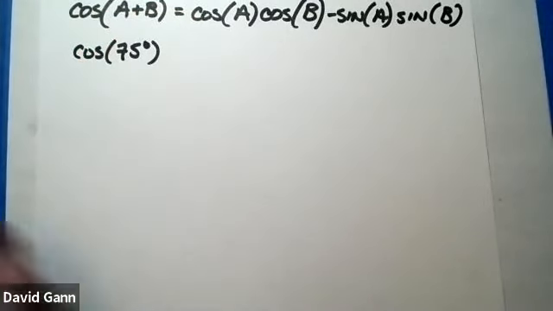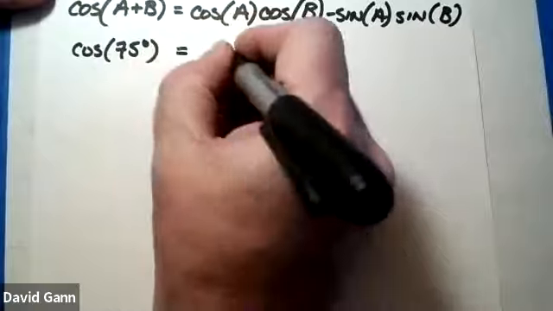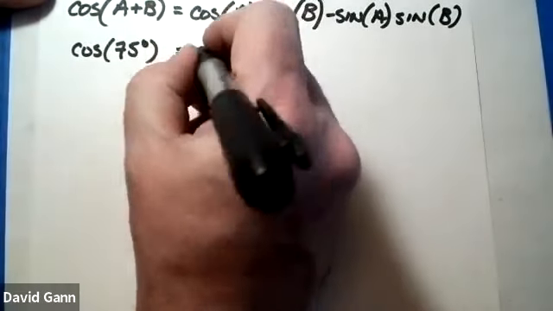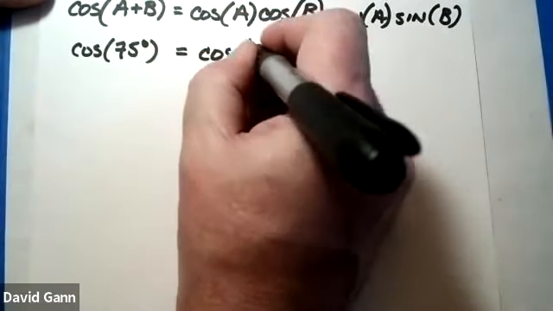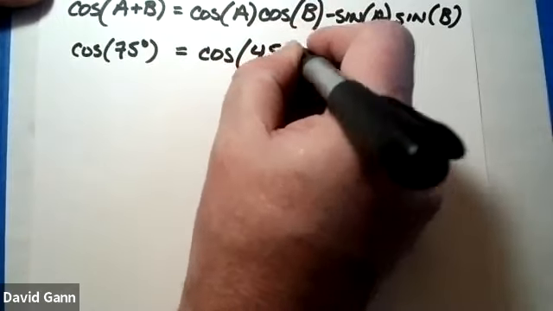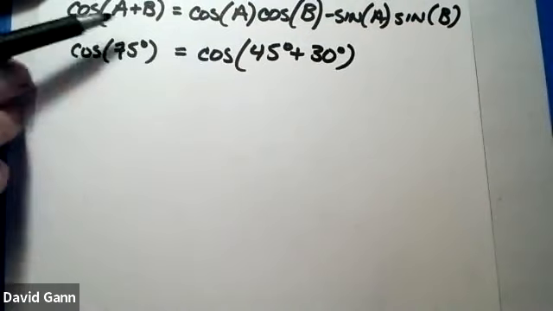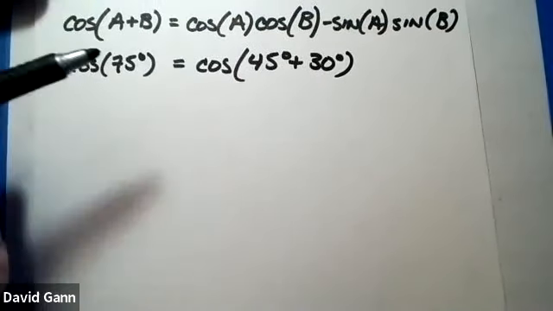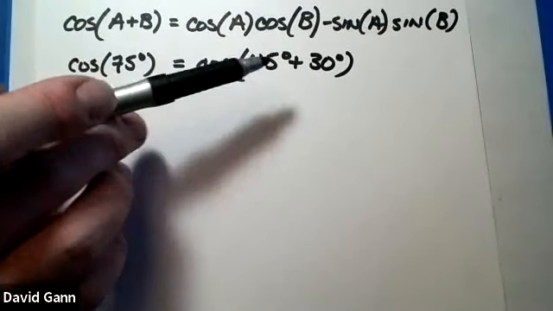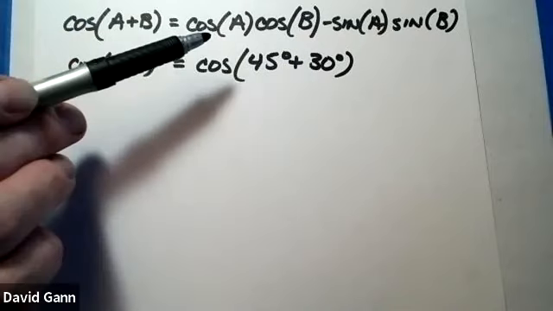Let's try to find what the cosine of 75 degrees is. Note first that we can write 75 as a sum. So this is the cosine of 45 degrees plus 30 degrees. And this is really the key. Now we're going to apply this formula where A is equal to 45 and B is equal to 30.